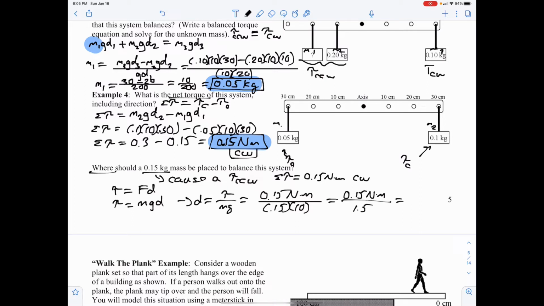Okay, and it should be placed at 0.1. And the only way to do that would be put it right here, 0.1 on the left side to create a counterclockwise torque. So it's 0.1 meters to the left of the pivot point, or point of rotation, or fulcrum, whatever you want to call it.